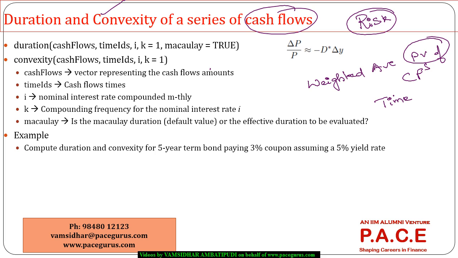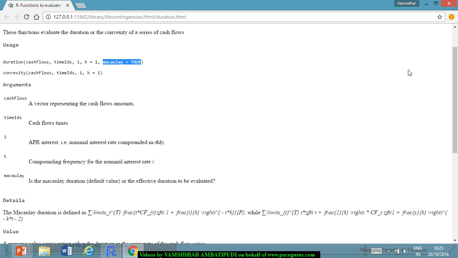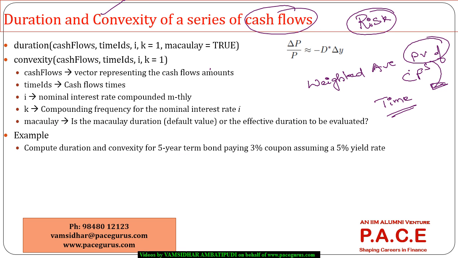The timings are multiplied with the weights that are given based on the present value of the cash flows. That is what we are calling as the Macaulay duration, and the effective duration is nothing but the percentage change in the price of the bond with respect to a change in the interest rate. So there are different computations of the duration. So we can see the difference could be very small, but these are the two different ones. So that's where I have to specify whether the Macaulay is true or not.